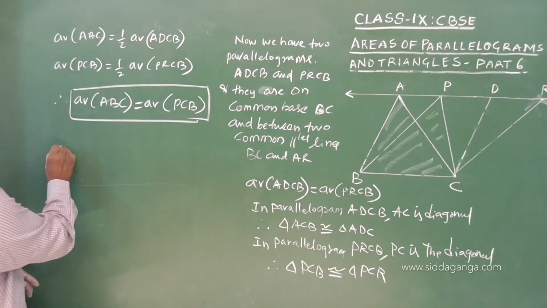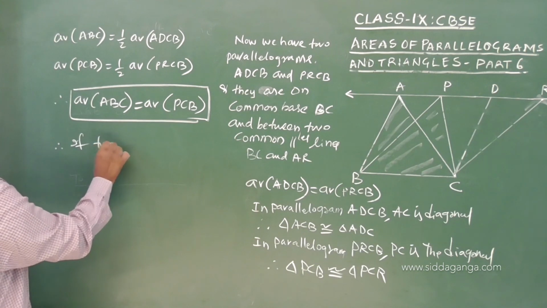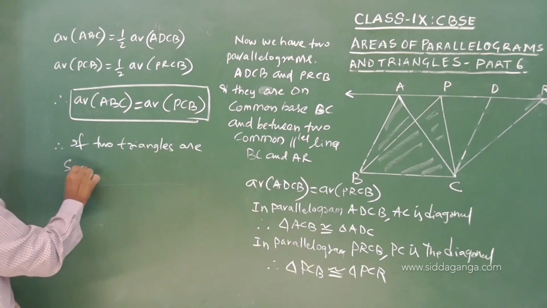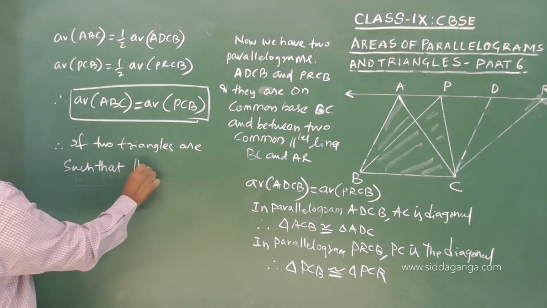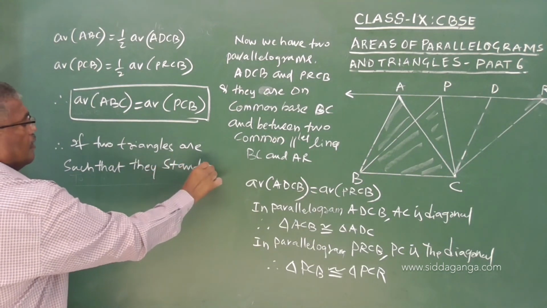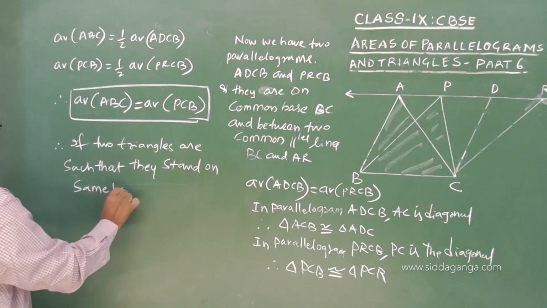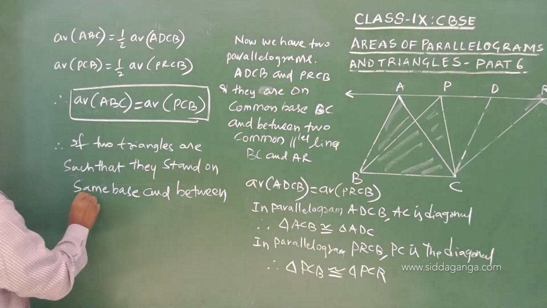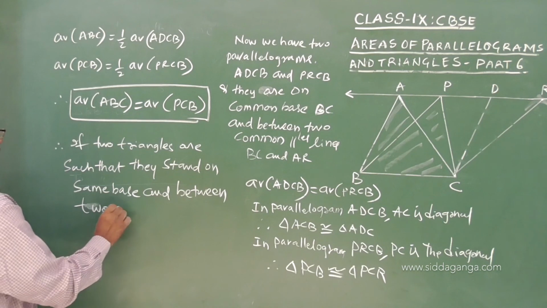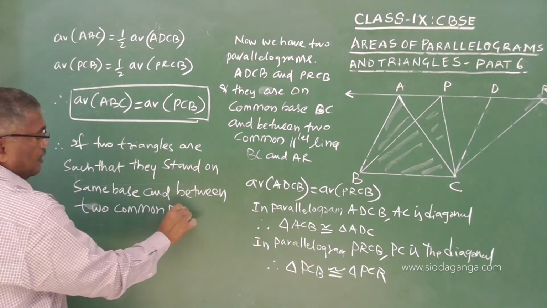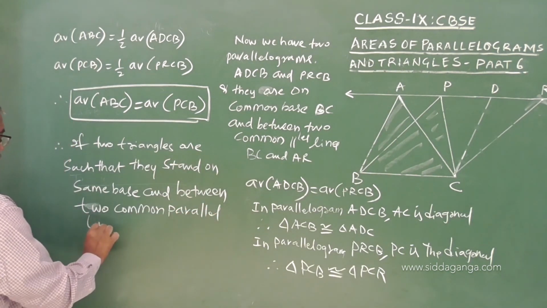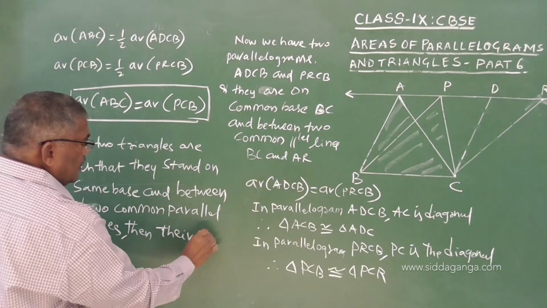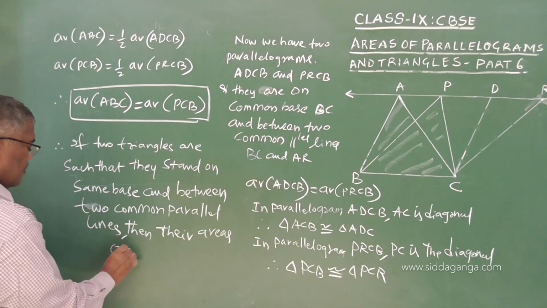So, therefore, we can say, if two triangles stand on the same base and between two common parallel lines, then their areas are equal.